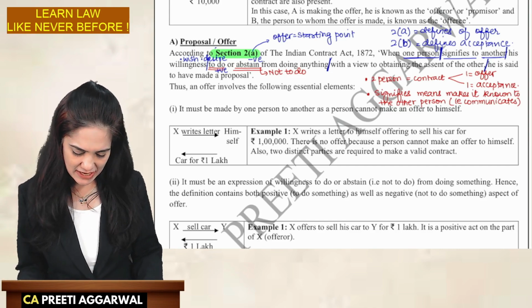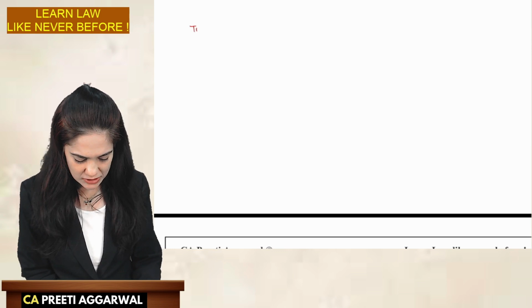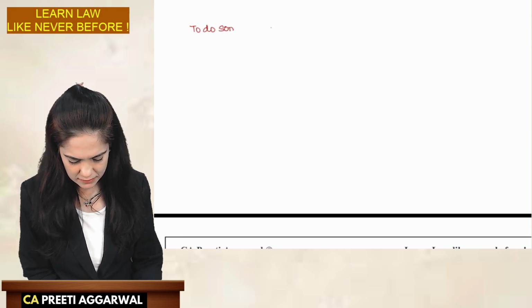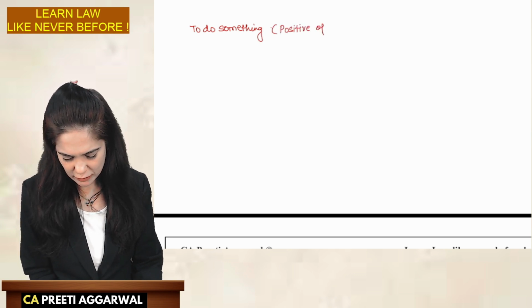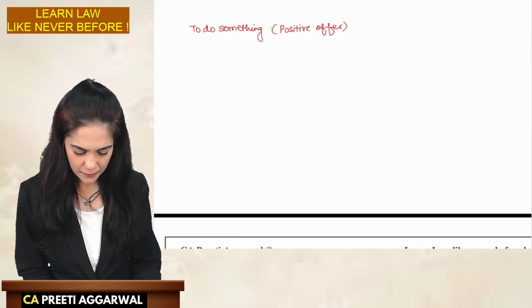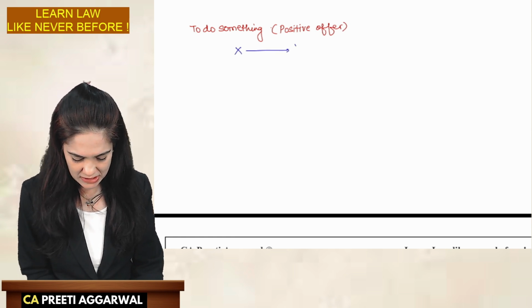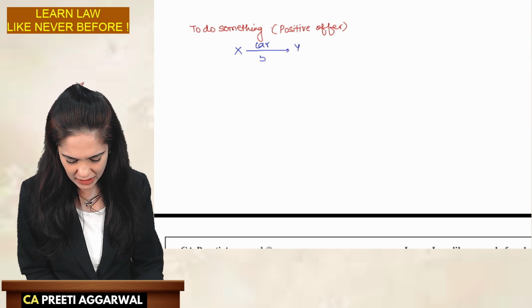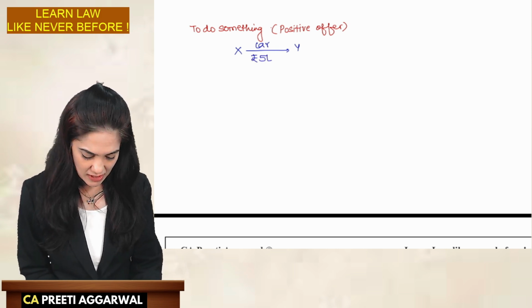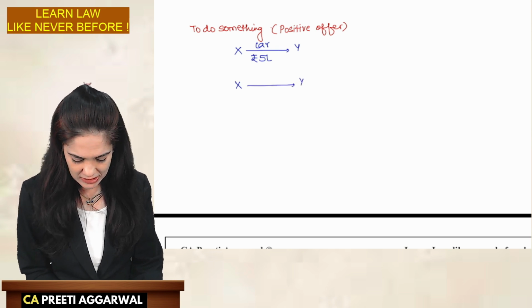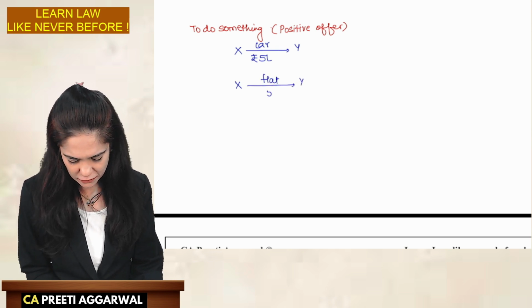Let us discuss and understand this with the help of examples. To do something is a positive offer. Now, X asks Y, will you buy my car for 5 lakhs? It's a positive offer to do something. X asks Y, will you buy my flat for rupees 50 lakhs?